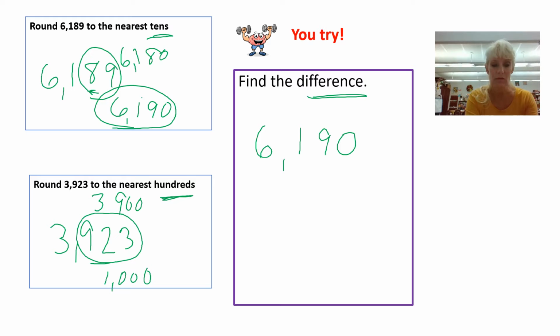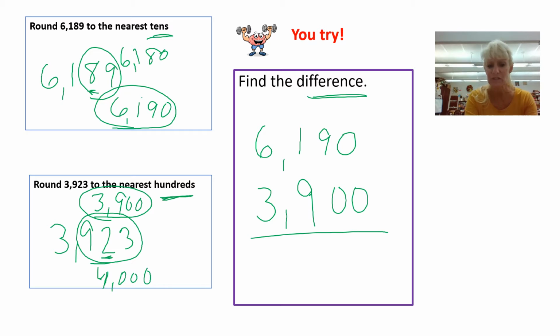Now, if I rounded it to 1,000, then that would end up being 4,000. But I see that this is a 2, and a 2 is under a 5, so we're going to keep it right here at 3,900. It's really important to put it underneath the numbers, so I'm going to fix that because I don't want that to mess me up.